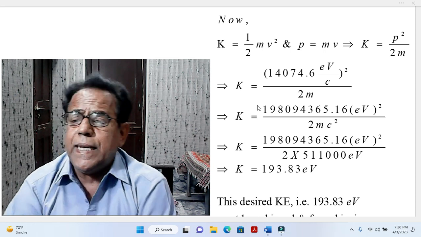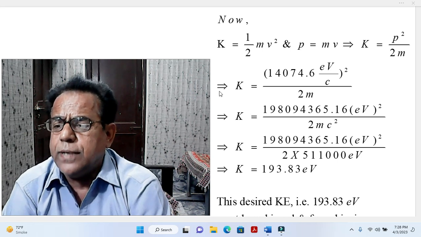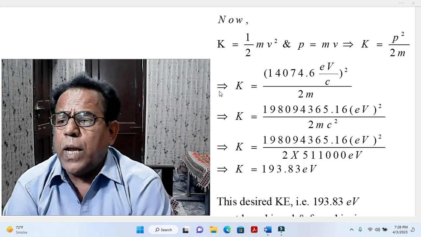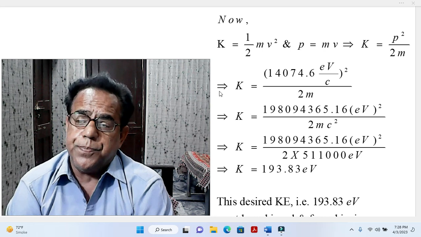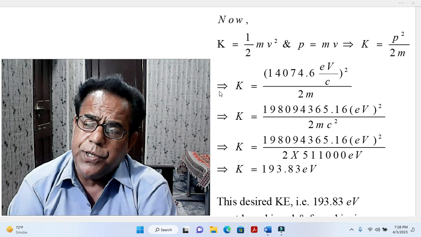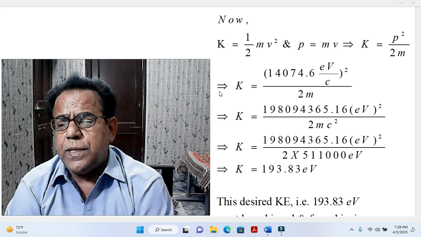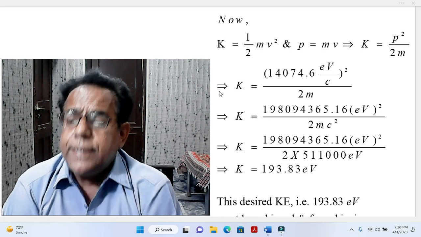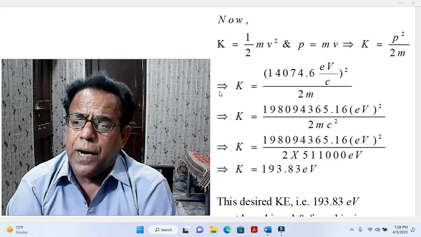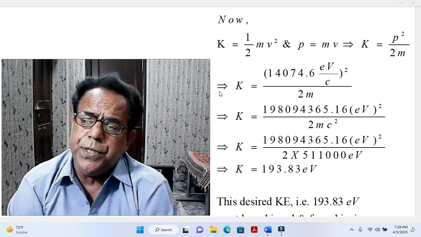This implies that K becomes equal to 198094365.16 electron volt square divided by 2mc square, because c square is in the lower part of the denominator and it may be written as the upper part of the numerator.